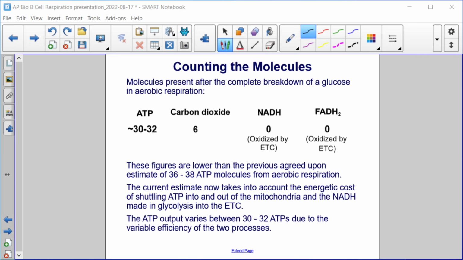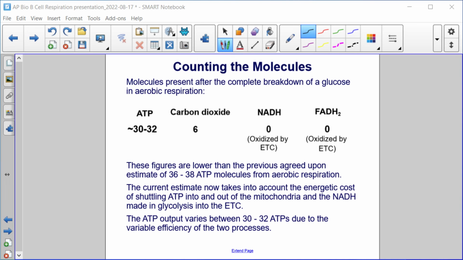Counting the molecules. The molecules present after the complete breakdown of a glucose in aerobic respiration are 30 to 32 ATP, carbon dioxide, 0 NADH because they've been oxidized by the electron transport chain, and 0 FADH2 for the same reason.